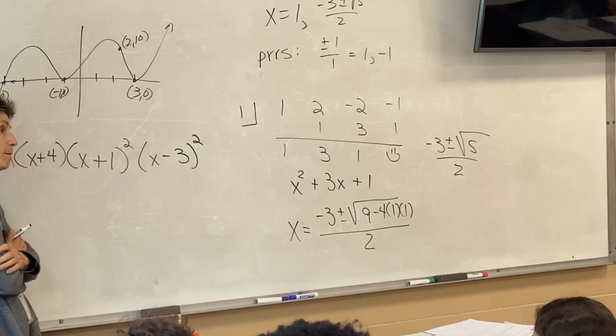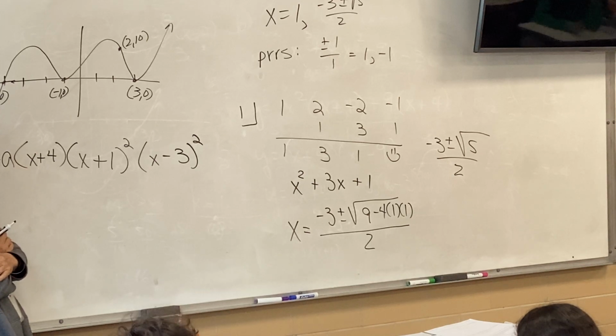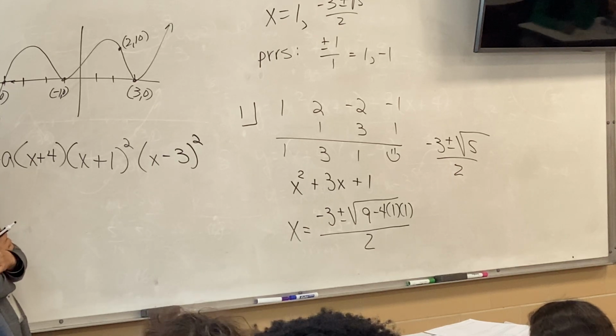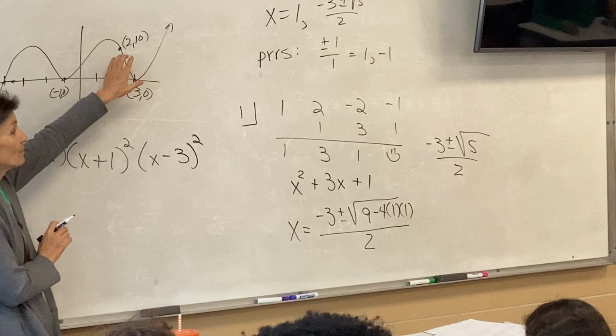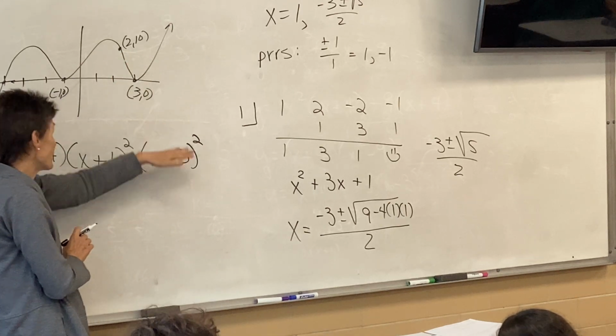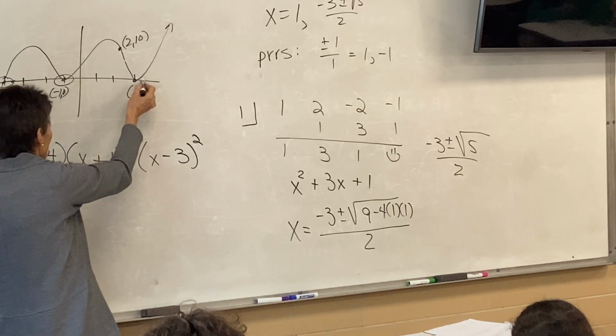You already did a problem today where that was missing. It wasn't this big an equation, but we have to find that number. How do we find it? How do we find A? We plug in this point, which doesn't show up in the equation. Only these get parentheses.